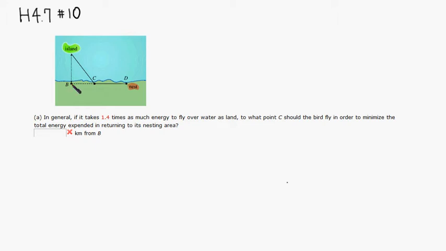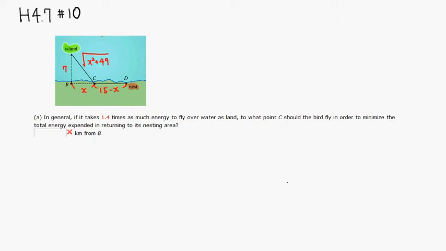So I'm going to call this X right here. And this is 7, and the whole thing is 15, so it's going to be 15 minus X. Then using the Pythagorean theorem, this length is just the square root of X squared plus 7 squared, so it's 49.